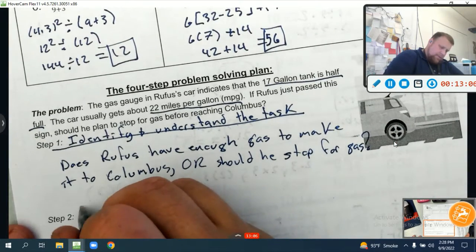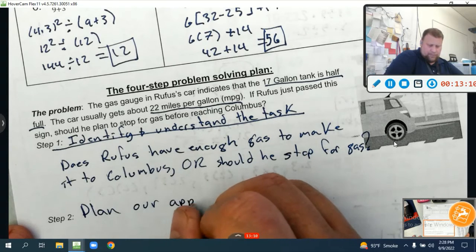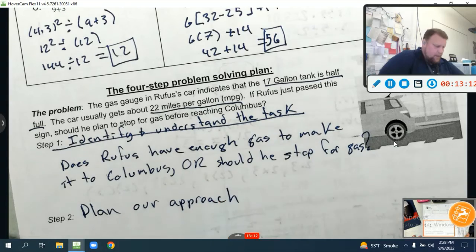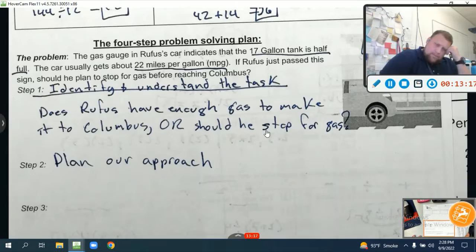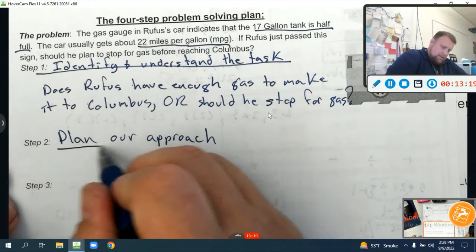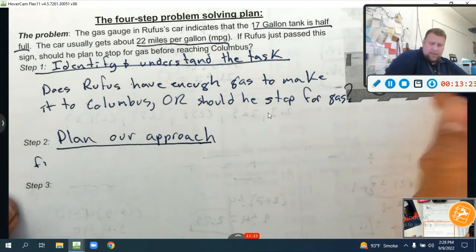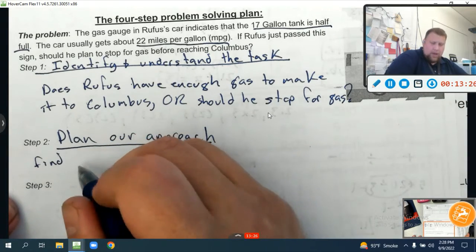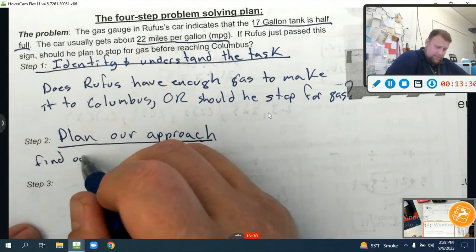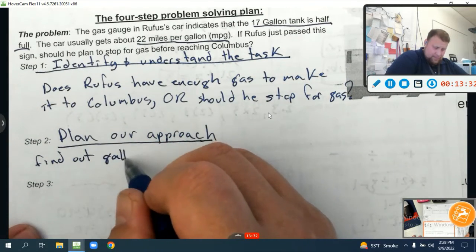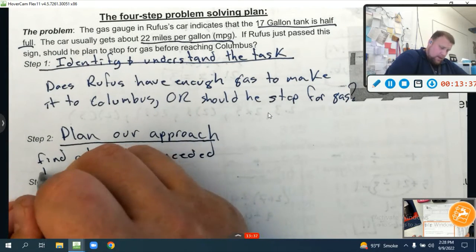Step 2, we're going to plan our approach. Now, it's interesting, a lot of these can have multiple approaches, just like this one. One approach could be to find out how much gas is needed to go 68 miles, or how many gallons he would need, and then compare that to the gallons he has to make it.